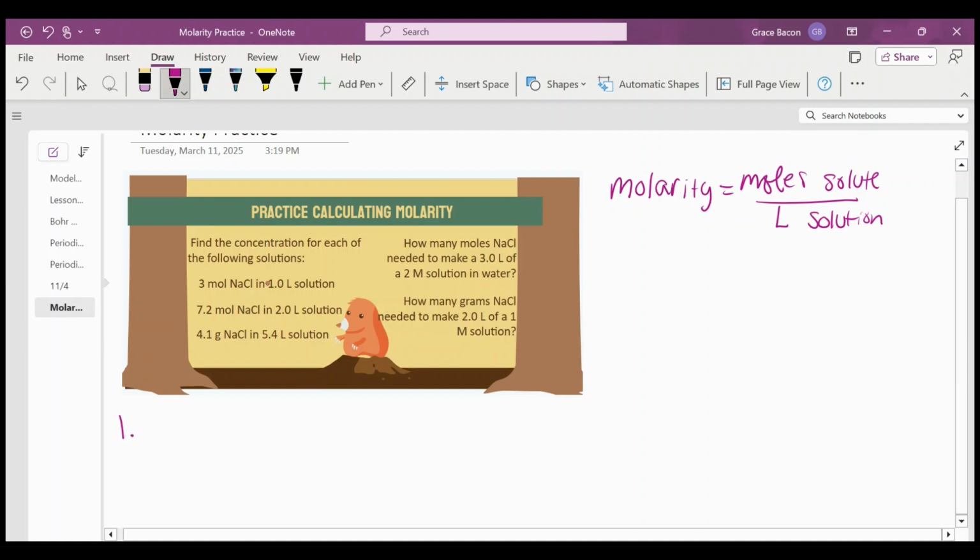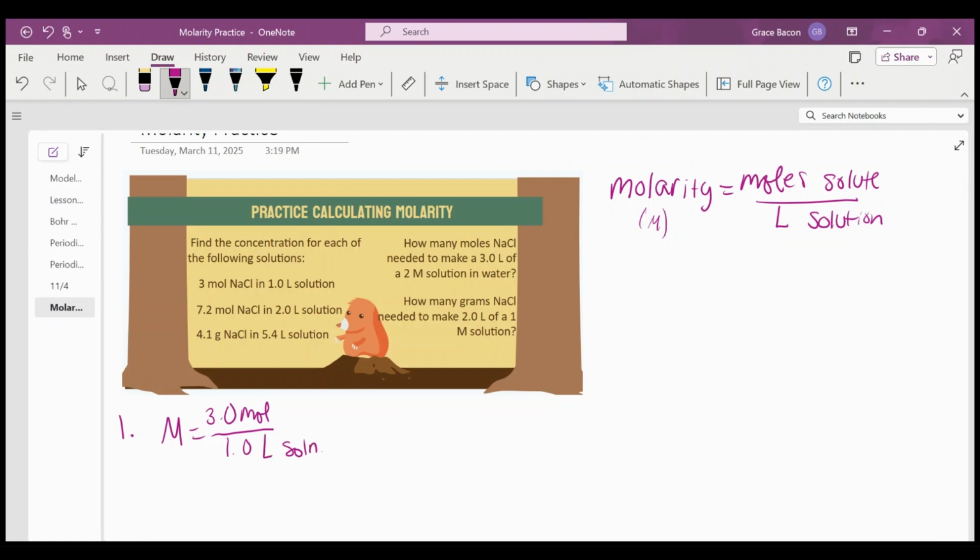So number 1, 3 moles NaCl, this is my solute, in 1 liter of solution. We're assuming this is an aqueous solution for this one. So this is going to be molarity, capital M, equals moles of solute, so that's going to be my 3.0 moles, over liters of solution, which is 1.0 liters of solution.